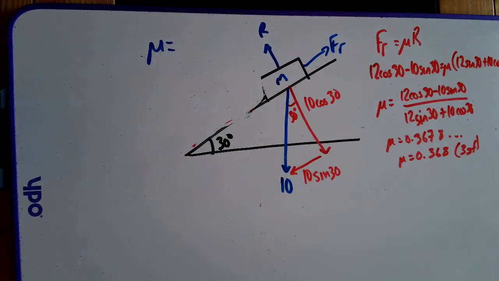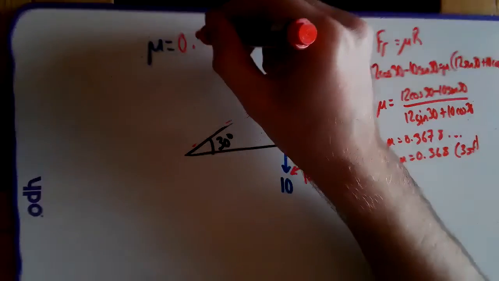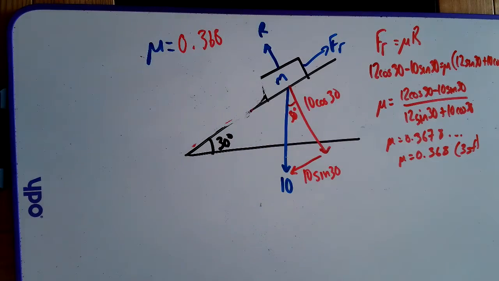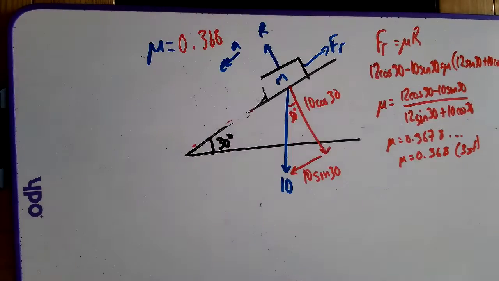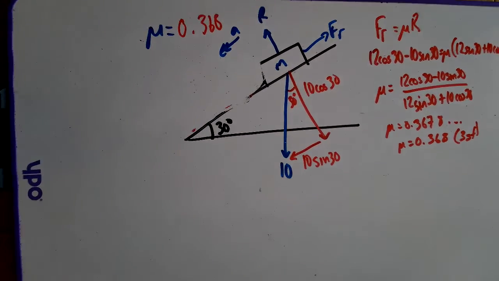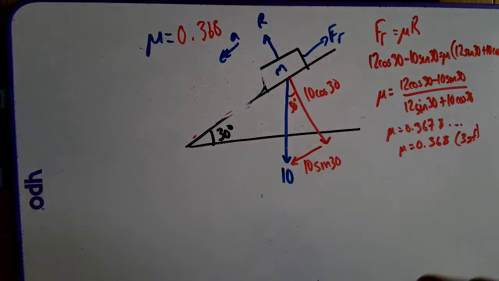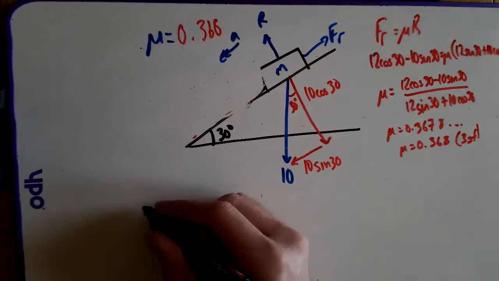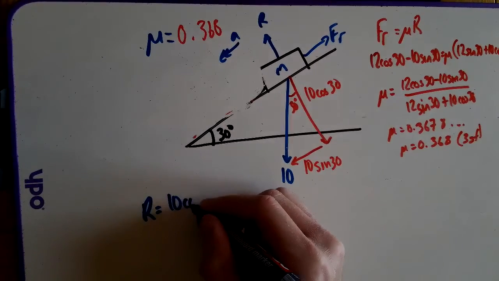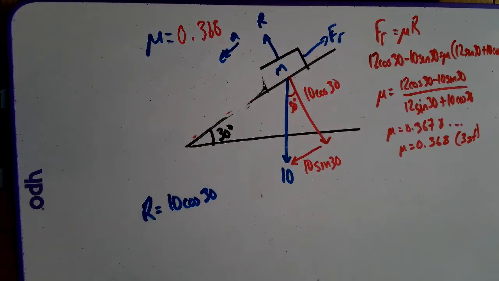Mu is 0.368. Right, okay, so acceleration could go this way this time. So first of all, work out the new R. So R just equals this. There's no other vertical force this time. So R equals 10 cos 30.